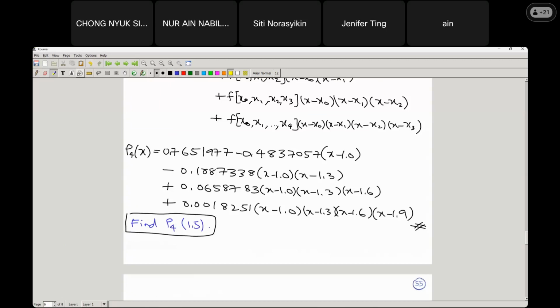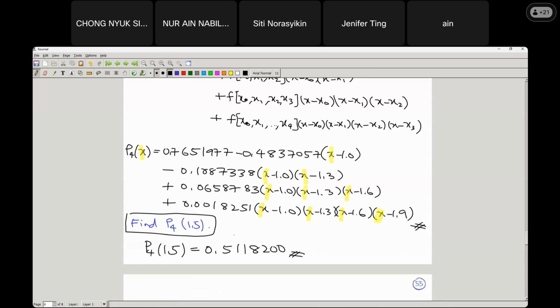I will leave this to you, you try at home. Can you get the answer equal to 0.5118200? So this is the answer.